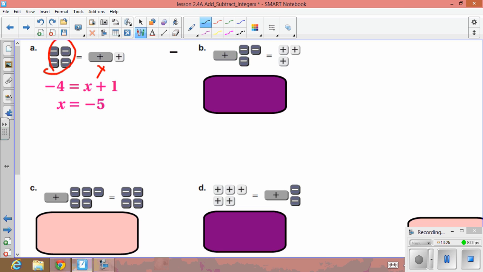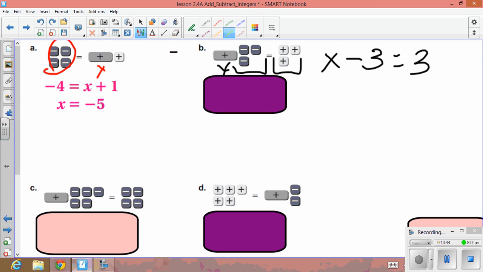For example B, we have our variable x. There are 3 minus signs, so minus 3 equals, there are 3 positives, so equals 3. Again, remember, our goal is to isolate our variable.